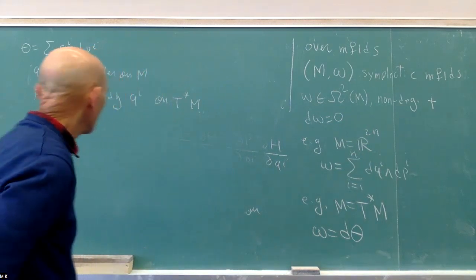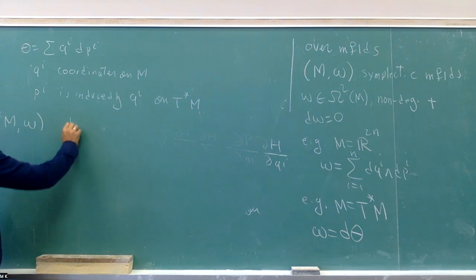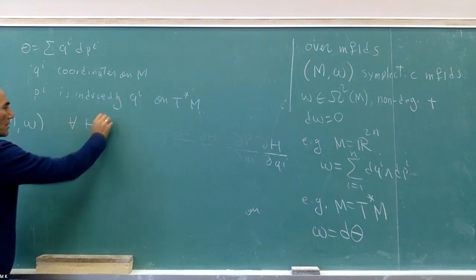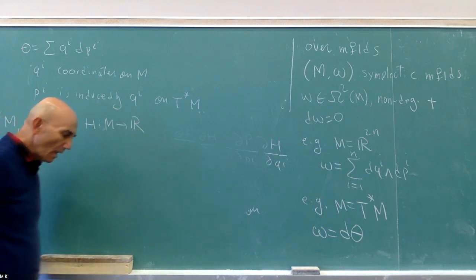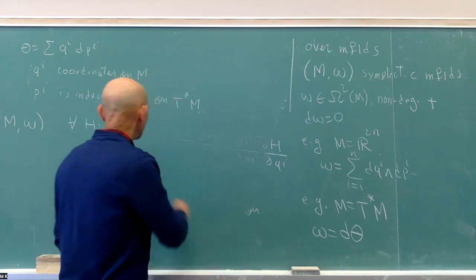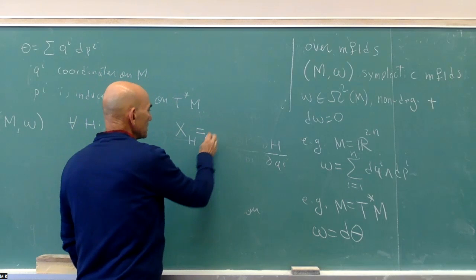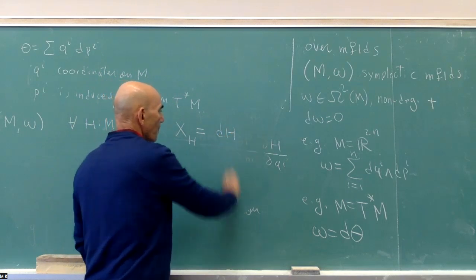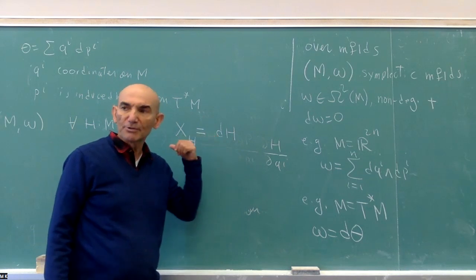So now in general, you're given this M and omega. Then for any function h from M to R, we can still define this symplectic vector field X_h. What is X_h? You take dh, but dh is not good because dh is a one form, it's not a vector field.